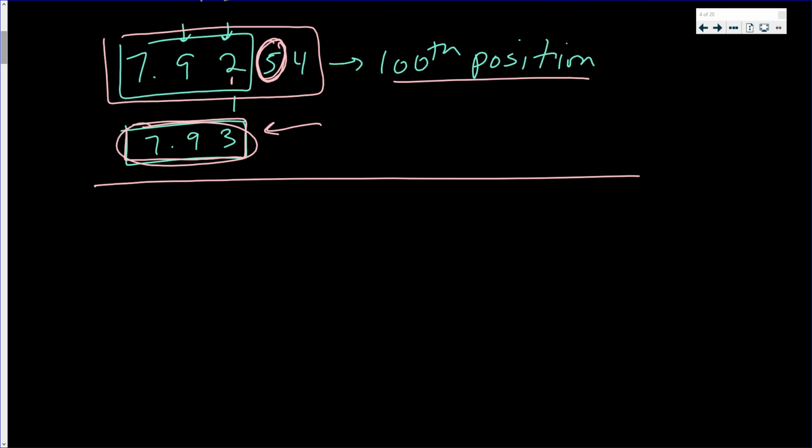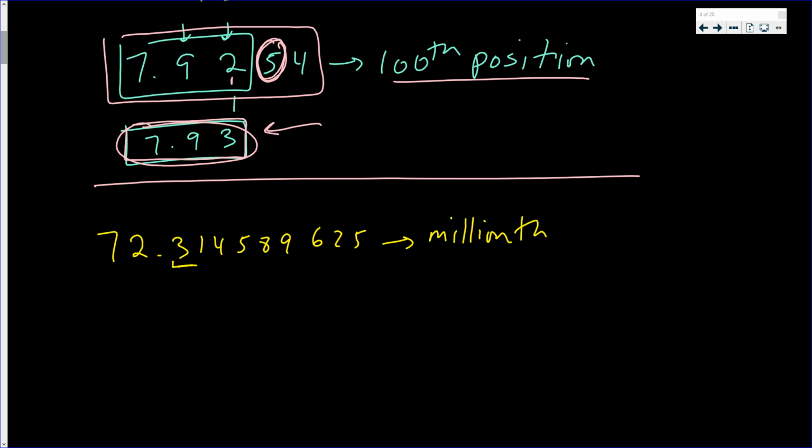Suppose you have this number, 72.314,589,625, and you're asked to round off to the millionth position. That's the 10th and the hundredths. These are the thousands, the 10,000s, the 100,000s, and there's the millions.